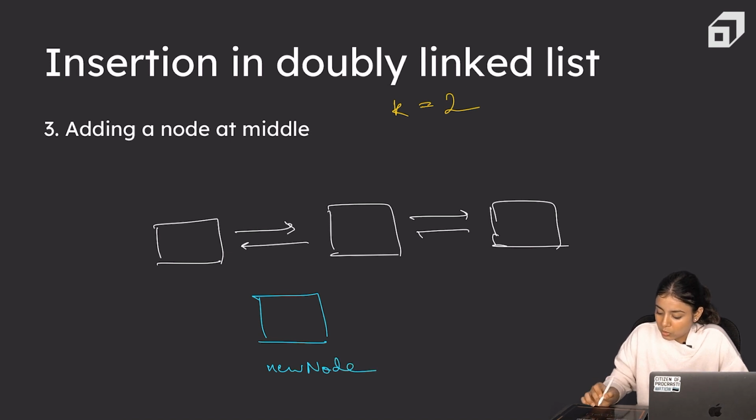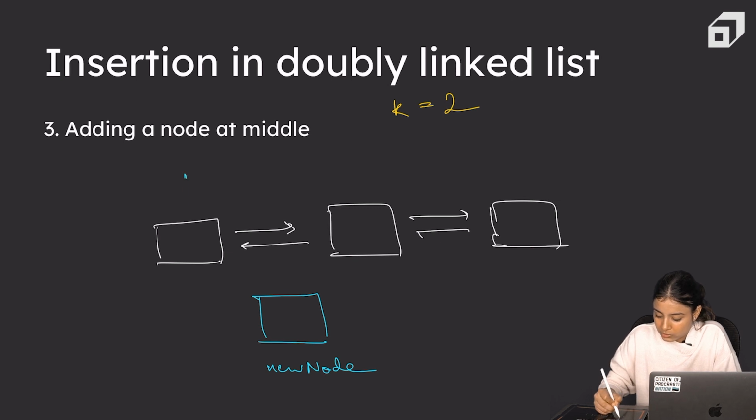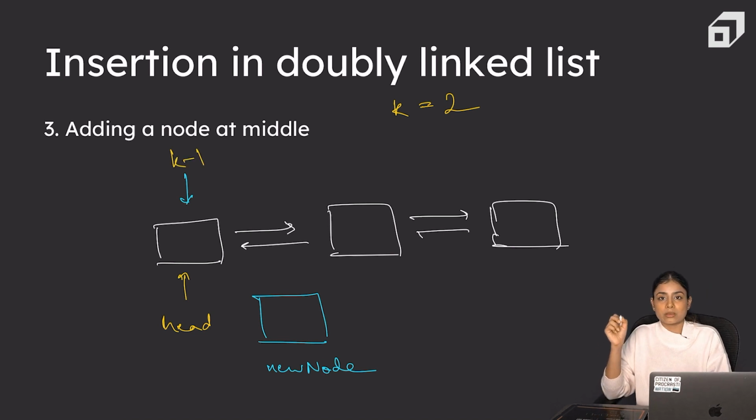Now to add a node at k position, I'll first have to go till k minus 1 position. This is my head and this is also my k minus 1th node.